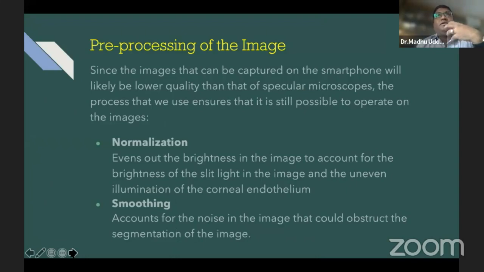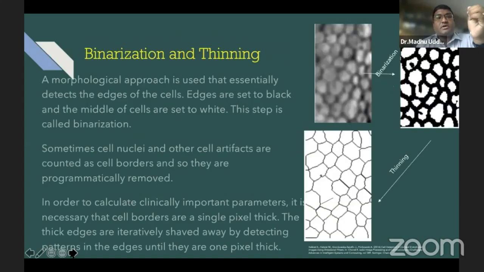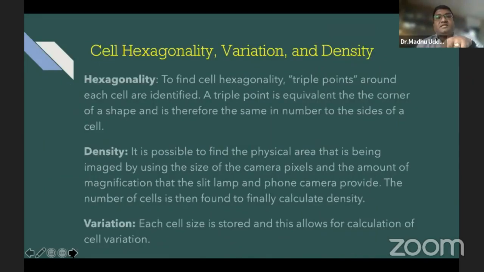As all of us know, in the slit lamp imaging that we take, we may not totally have a clear image. So to get a clearer image from that, the pre-processing of the image of normalization and smoothing occurs, followed by identifying the cell borders, that is called binarization and thinning. After this happens, the hexagonality, variation, and density of these things are identified.